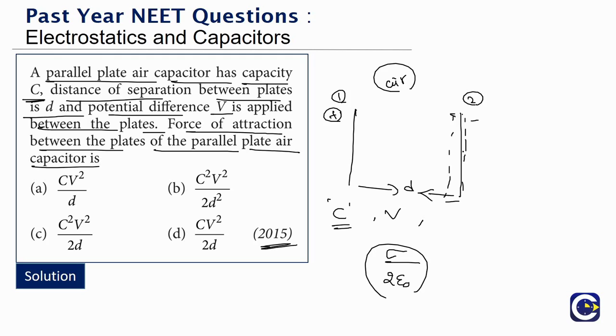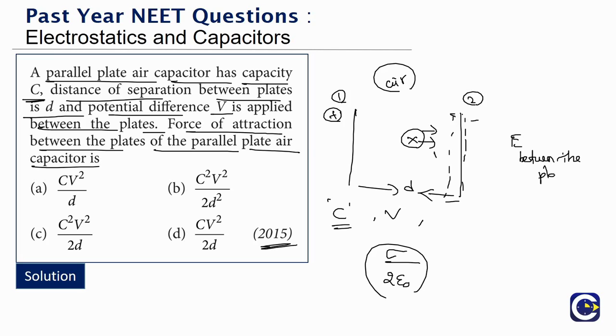Field developed by plate 2 also will be sigma by 2 epsilon naught. That is the reason why when we look at a point in between, the field developed by plate 1 will be away from plate 1. Field developed by plate 2 will be towards plate 2, because this is negative. As a result, they both will add. So sigma by 2 epsilon naught plus sigma by 2 epsilon naught gives sigma by epsilon naught.